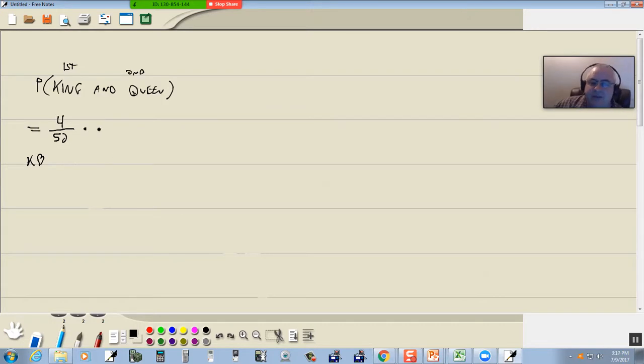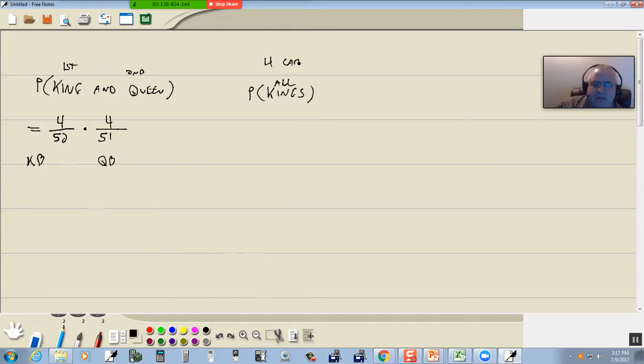Now the AND is always multiplication. So then the Queen, is there 52 cards left? No, we pulled that one aside, so there's 51 cards, of which 4 of them are queens. Now I pull out Queen of Hearts. Of course, there's no other conditions here, but this would give us our probability. Now let's say you're going to pull out 4 cards, and you're looking at the probability that they're all kings.